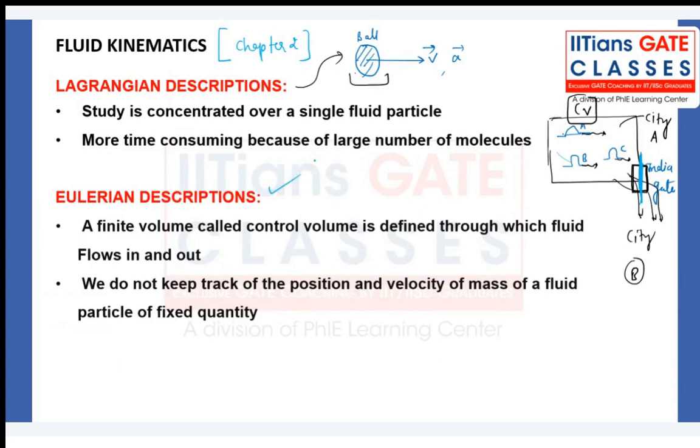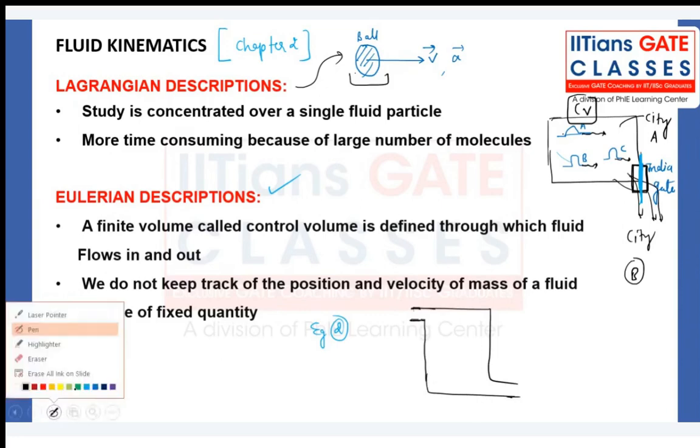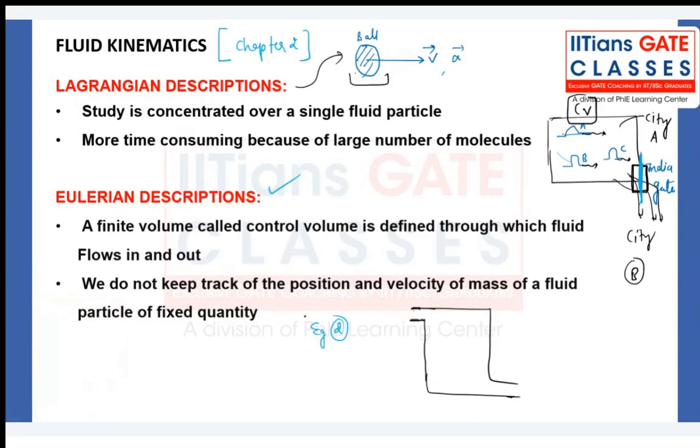That is one example. The second example I will give about this Eulerian description: suppose in a particular control volume, fluid is flowing, fluid is going in through the inlet section and out through the outlet section.